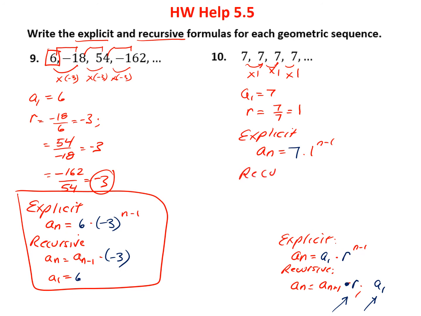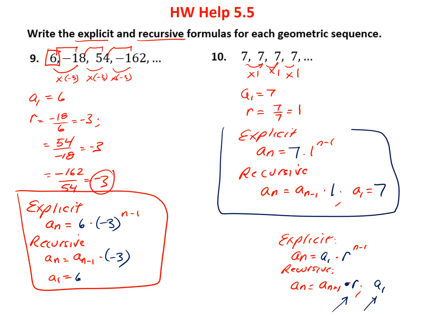Our recursive says that the nth term equals the n minus 1 term times 1. And then remember that a1 equals 7. All right? So those are fairly simple. You do have to remember what the formula is for the explicit and the recursive, and then simply find the first term and the common ratio, and these become very simple problems.